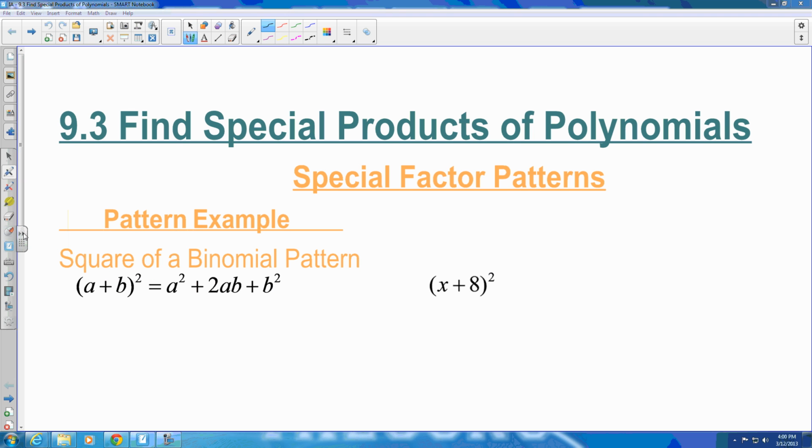All right, we're in section 9.3 where we're being able to identify special products of polynomials.